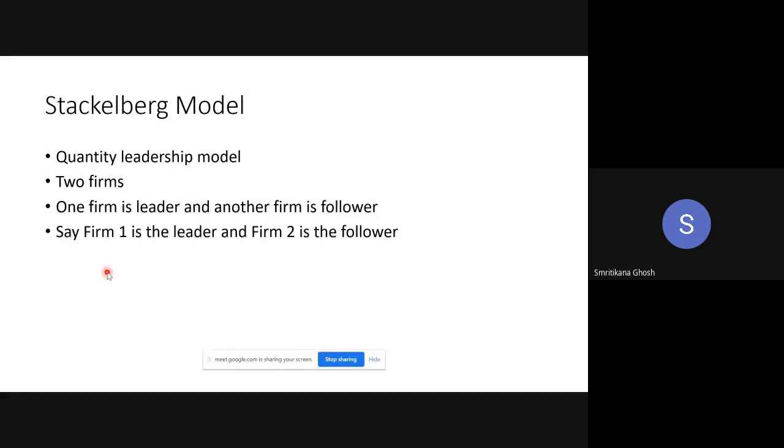Now, given this structure, you know conjectural variation. So what will be the conjectural variation of the leader and what will be the conjectural variation of the follower? Whether they are all zero or non-zero or what? Only two options, either zero or non-zero. So, which one? Ma'am, it should be non-zero.